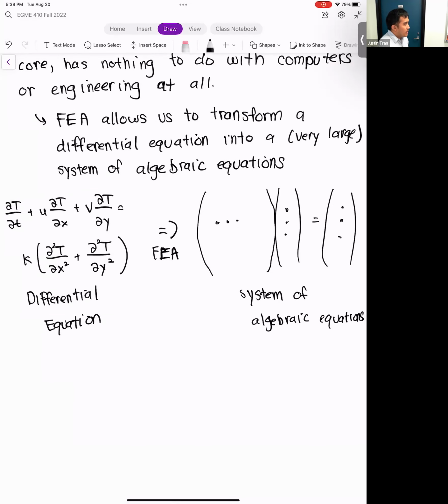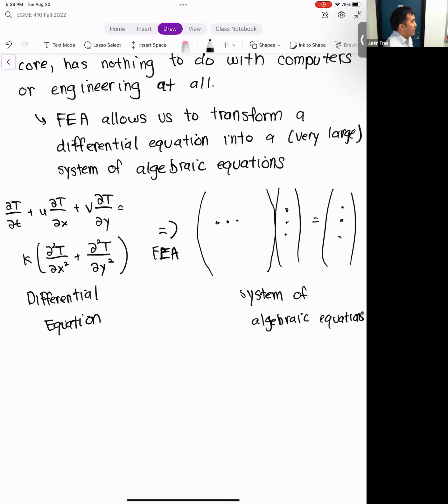The problem with this is that the size of the algebraic system that this produces is really, really large. Even for the activity you did last week, I would guess the system of equations that forms from that is probably on the order of 5,000 by 5,000, right? So 5,000 equations, 5,000 unknowns.